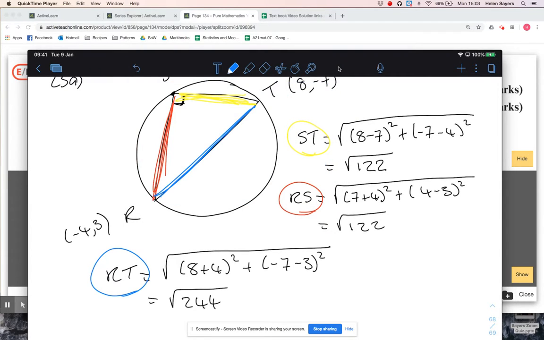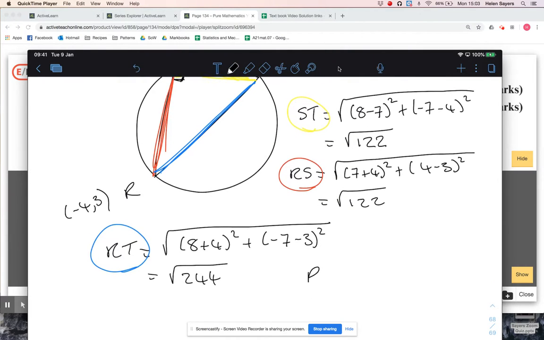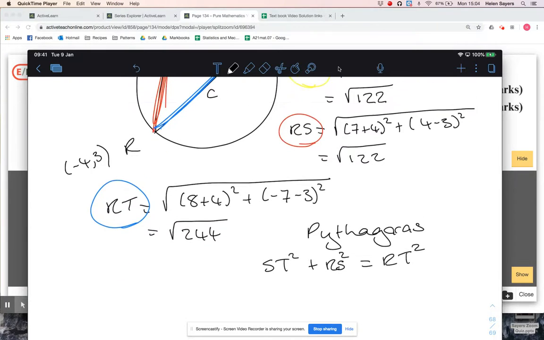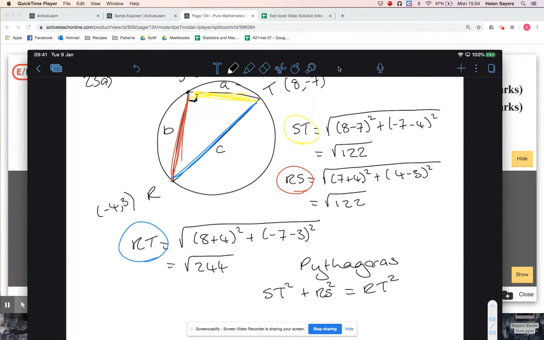So that's RT. So checking using Pythagoras, it should be that ST squared plus RS squared equals RT squared, if there is a right angle at S. And I think we can see that it does, but let's just double check that.